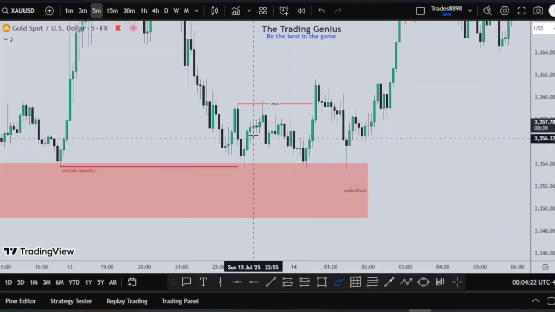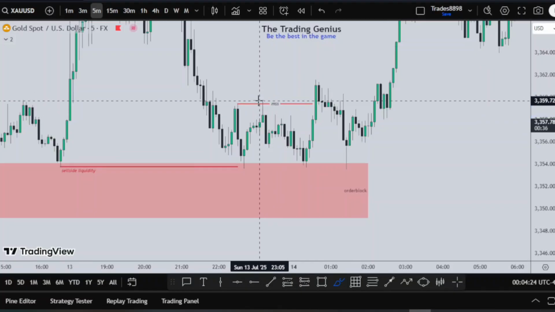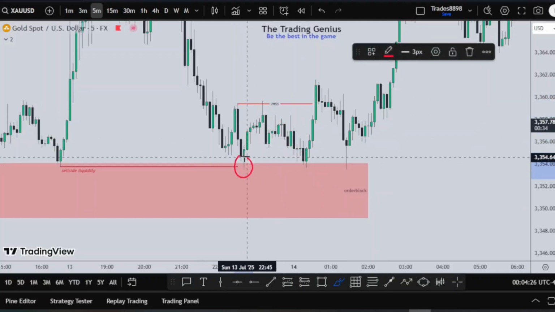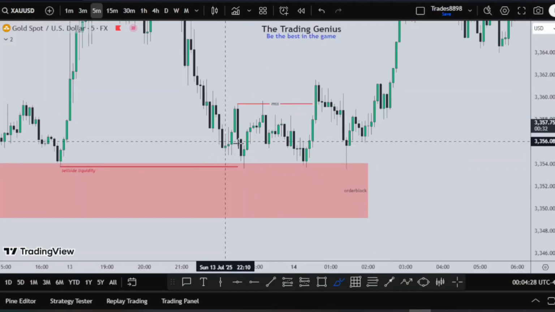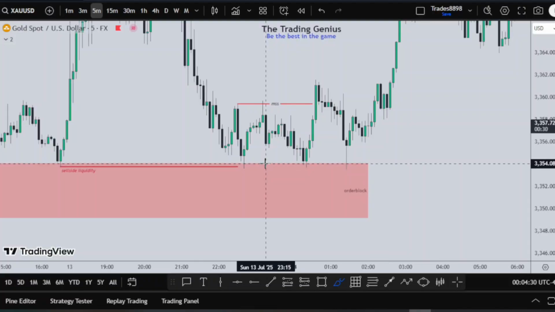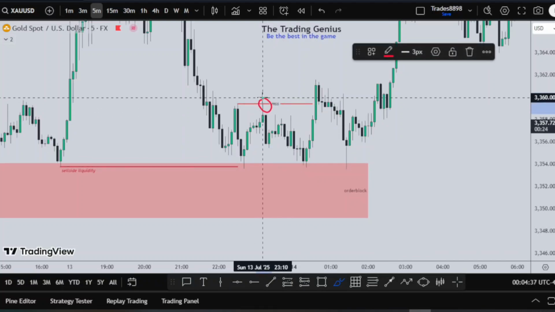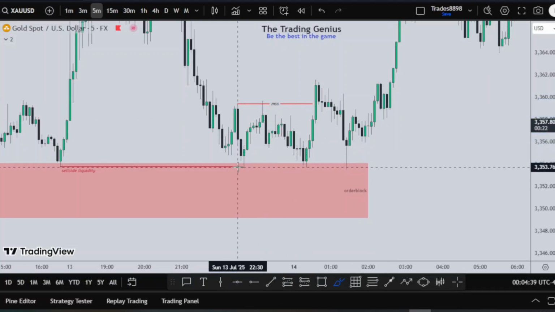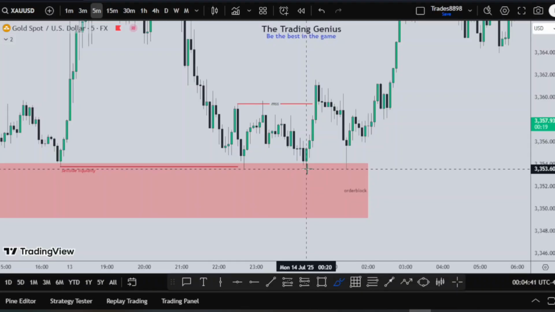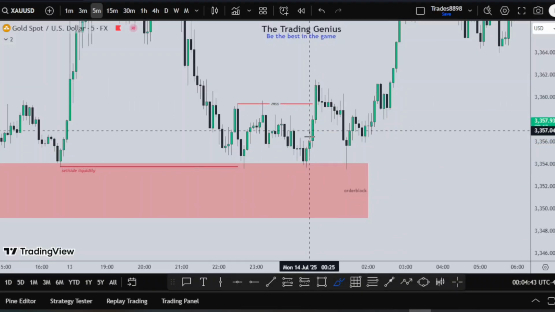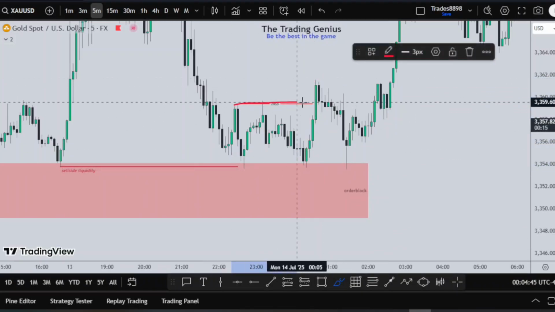And every single time you can see that this high right here, when it comes down, it can never close below this low. So this is a really strong signal that you can use to identify where it wants to go next. You can see that this is the high, and when it comes down, it cannot close below this low right here. And same thing, when it goes up, it closes above the previous high.